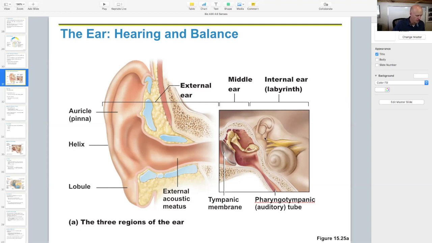In our inner ear, we have what we call the bony labyrinth that we're going to be looking at. Okay, now another thing you're going to notice on this middle ear is this auditory, also known as the pharyngotympanic tube, also known as the eustachian tube. What it does is this is going to go into our throat, and this will help bring air into this area.